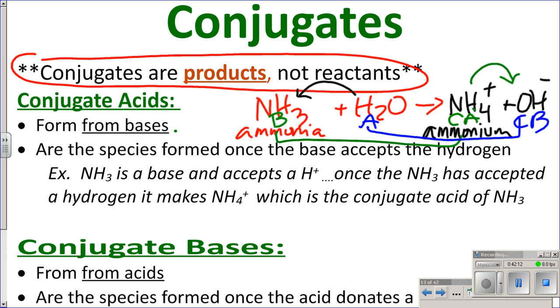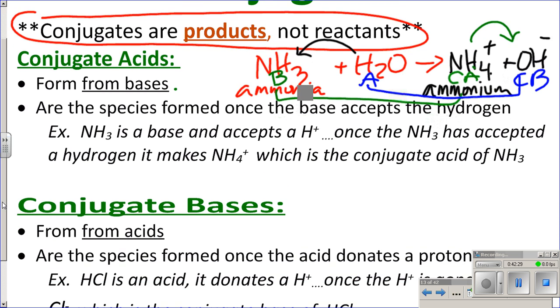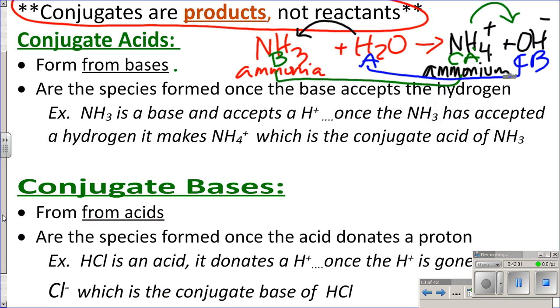And so basically you can read this now, and it should make sense. The species formed once the base accepts the hydrogen. So that's the species formed once the base accepted the hydrogen. And there's an example here. Let's look at the conjugate base definition too. So conjugate bases come from acids. I'll show you another example in just a second on your sheet.